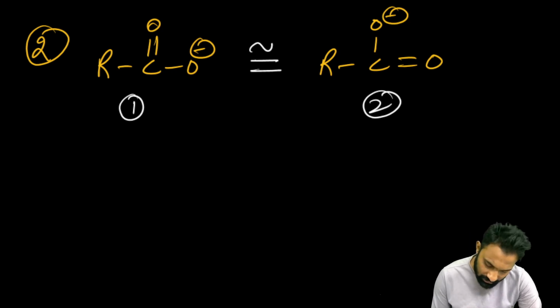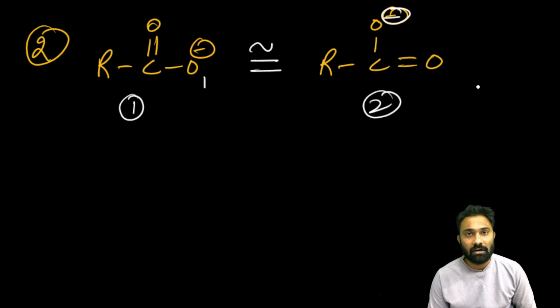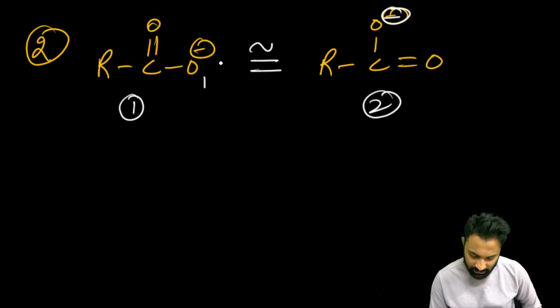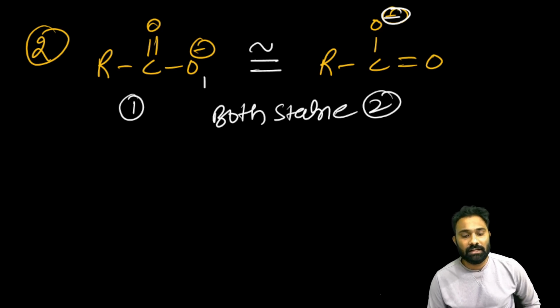Why? Because here oxygen bears the negative charge and the carbon has the double bond with oxygen. Here also oxygen has the negative charge and the carbon has the double bond with oxygen. Clear? Same number of pi bonds, and the more electronegative atoms bear the negative charge in both cases. Both are equally stable because both have equal resonating structures.